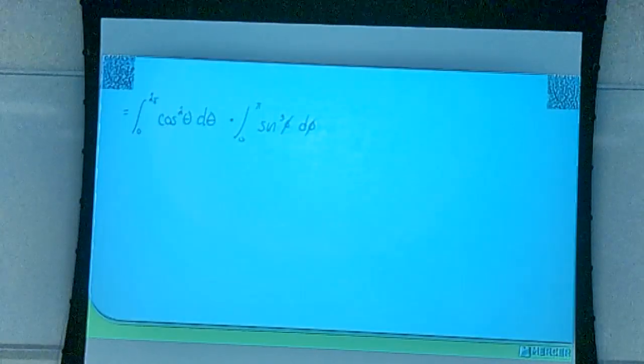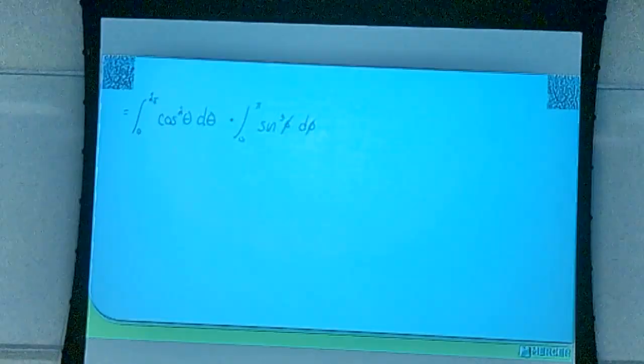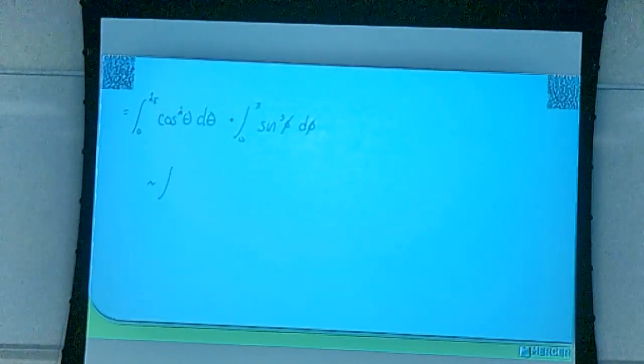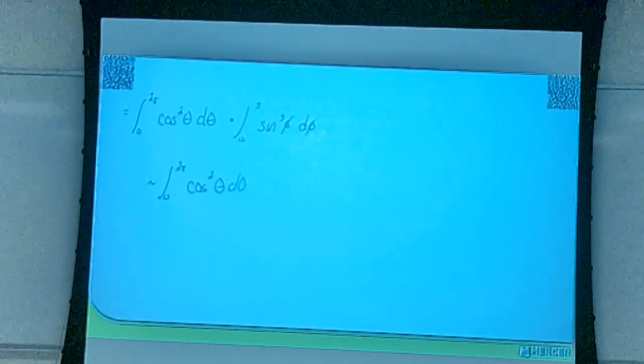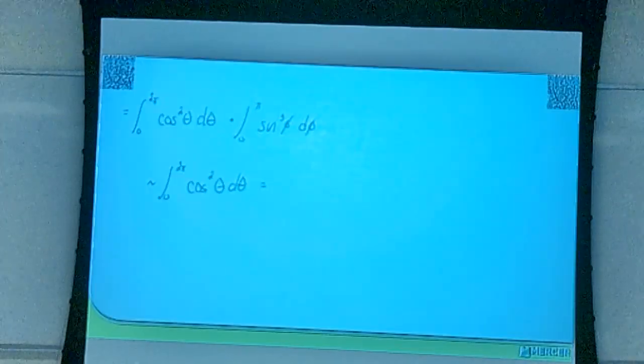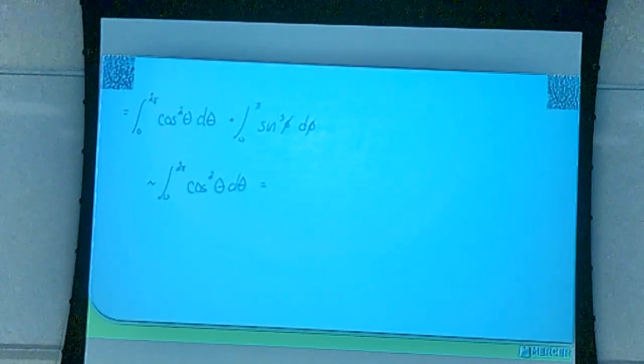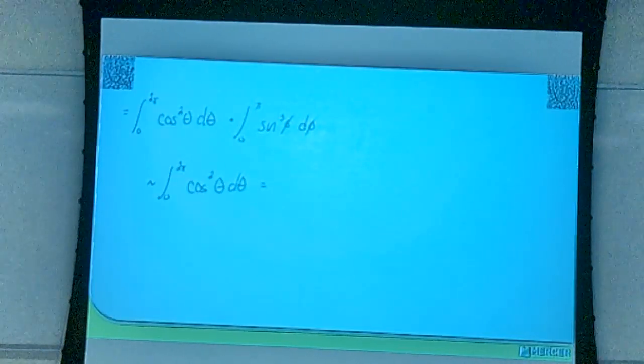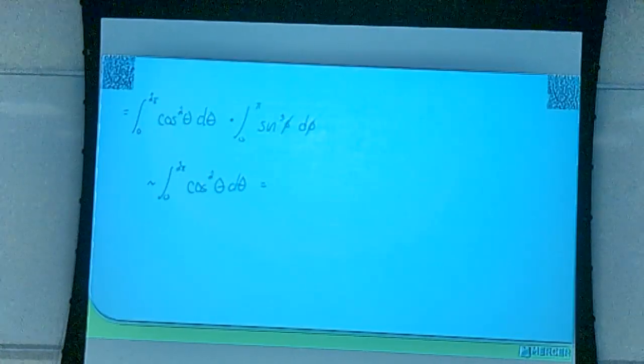So we can write it that way. So let's just examine the integrals one at a time.